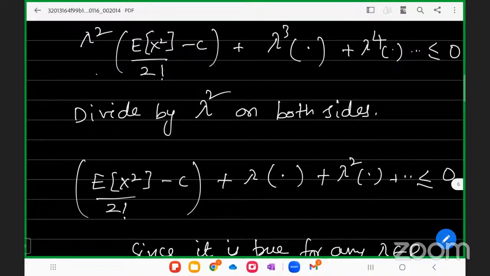Okay, then you just take lambda to 0 instead of setting it equal to 0. You take the limit lambda tends to 0. That should be okay, right? Yes. You can just think of lambda as some very small positive number. You just divide by lambda square and take lambda to 0.